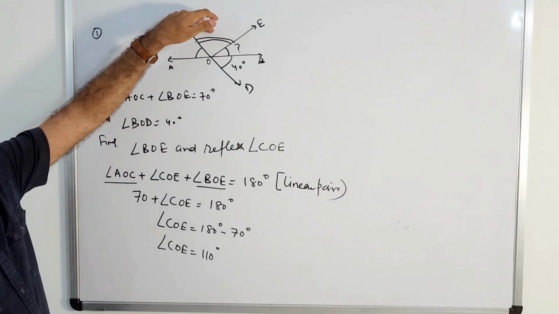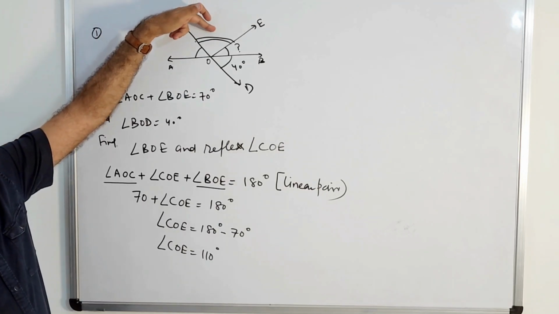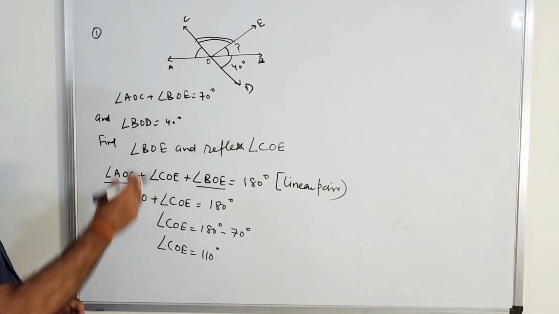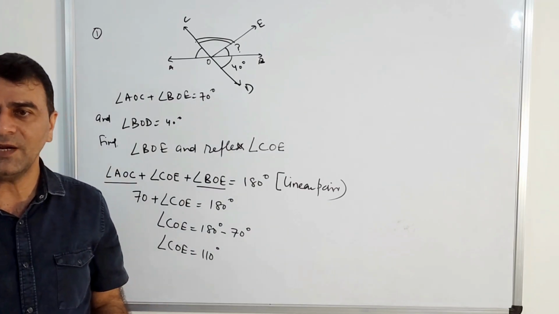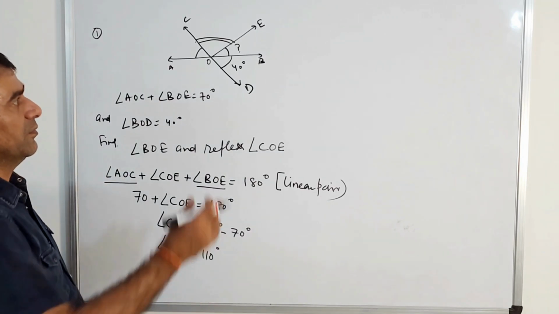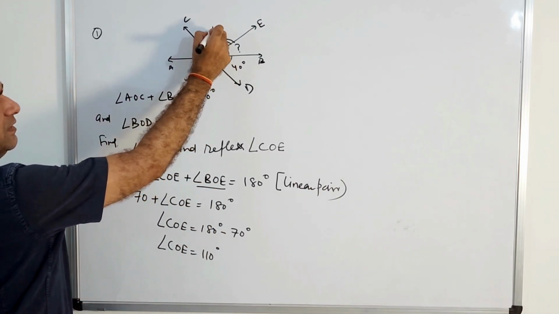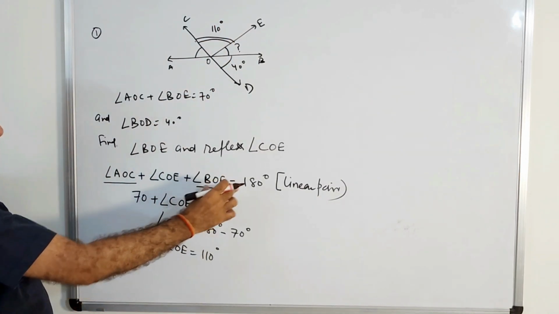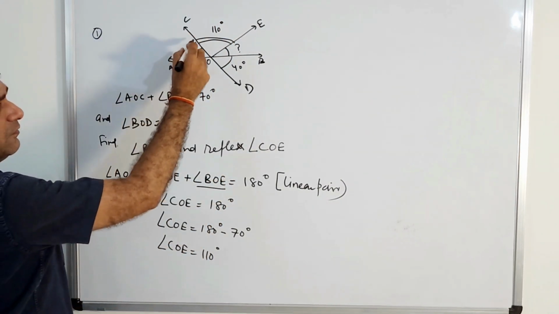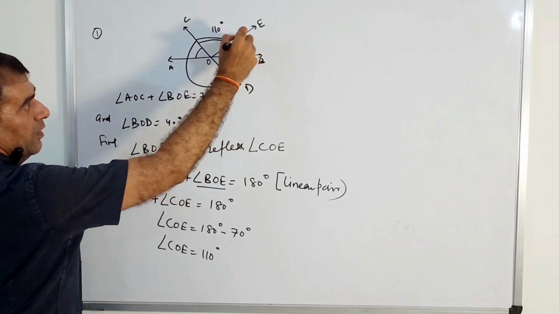Now any student can easily tell what the reflex angle of COE will be. Reflex angle of a given angle is 360 minus that angle. I told you, right? Just look at this. This is angle COE, 110 degrees, which I found out using this technique. Now, what will be the reflex from here to here?